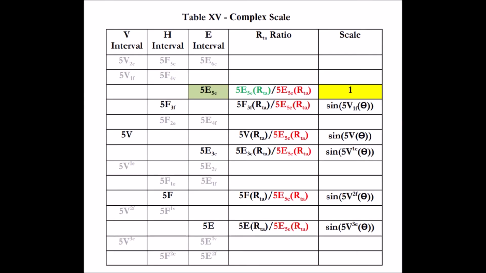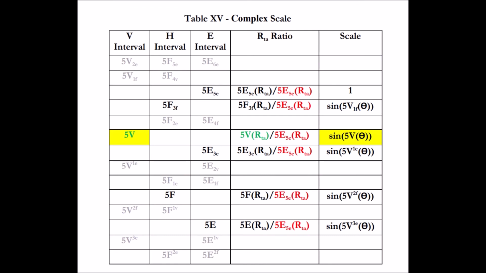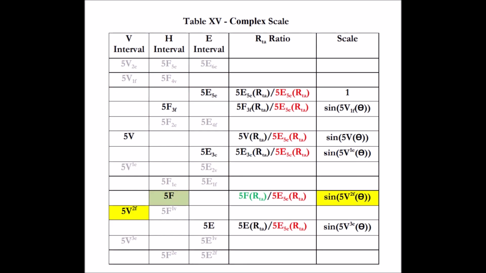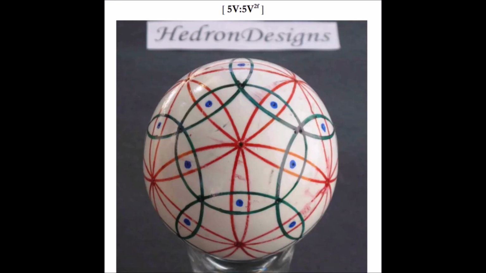The note 5e lower 2e is a unison note for all ratios, and then I can step through each of the other notes that are the numerator for subsequent ratios. I've shaded the numerator for each ratio in green and the resulting sine function equivalent in yellow. I'm not sure if this has any significance in the physical world, but it was an interesting and unexpected result.